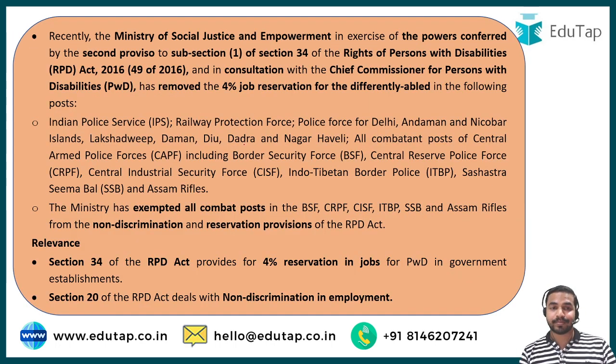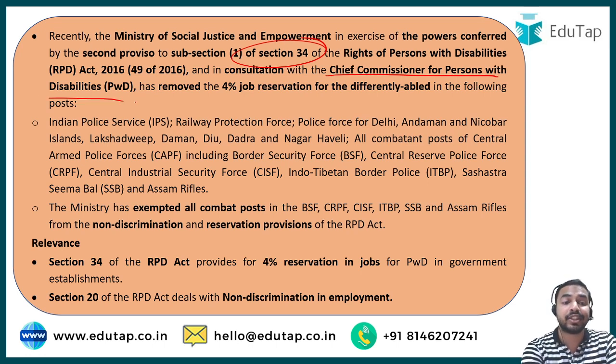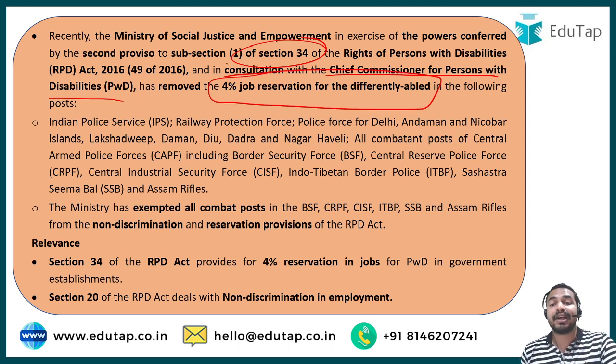So recently the Ministry of Social Justice and Empowerment, exercising the powers conferred by the second proviso to sub-section of section 34 of the Rights of Persons with Disabilities Act 2016, and in consultation with the Chief Commissioner for Persons with Disabilities, has decided to remove the 4% job reservation for differently abled people in the following posts.